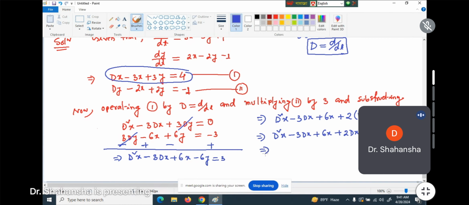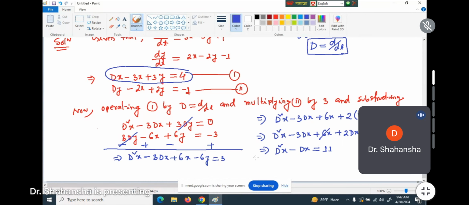If we simplify more, d square x minus dx, because 6x minus 6x cancels, equals 11.